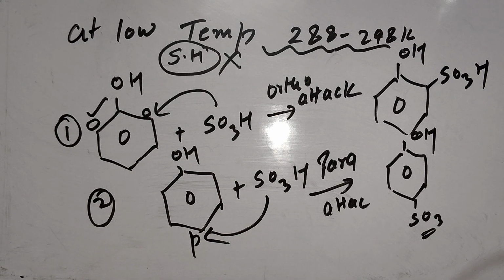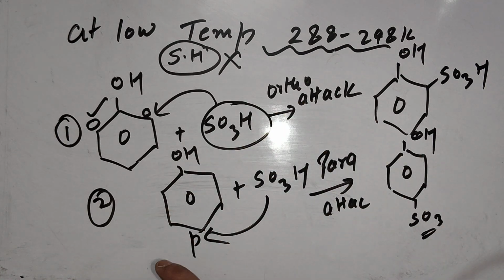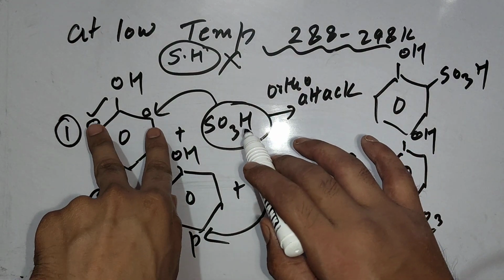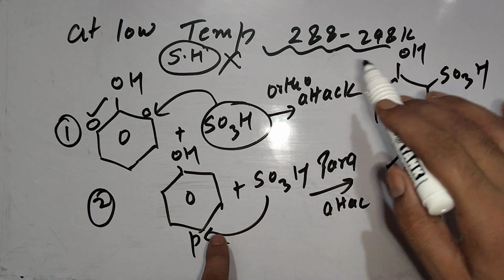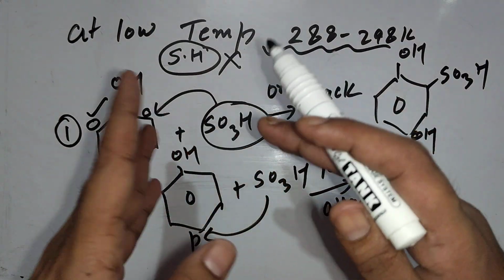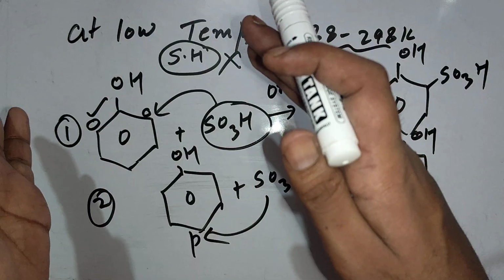Only one. So the SO3 group has two positions for attack, and here we have only one position for attack. Which reaction will be fast? Obviously, the ortho attack reaction will be fast.